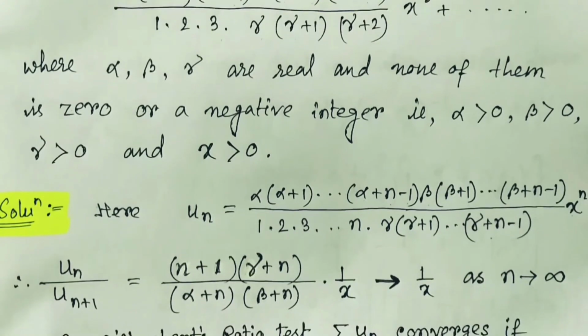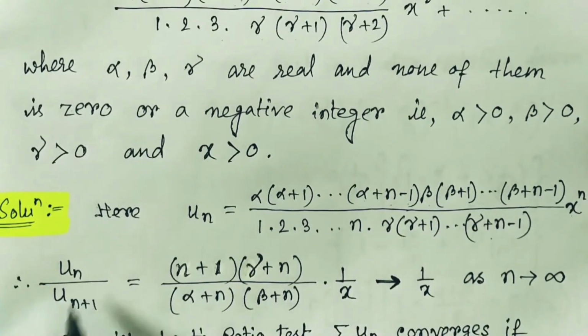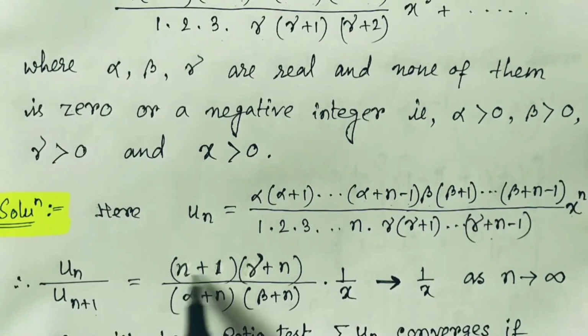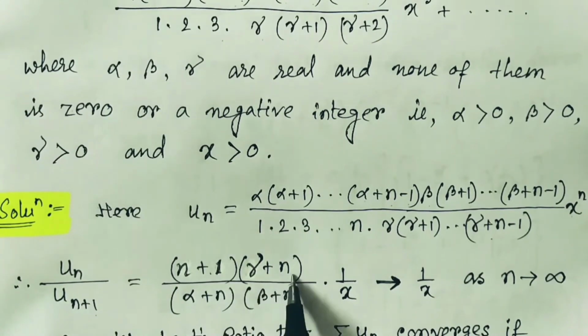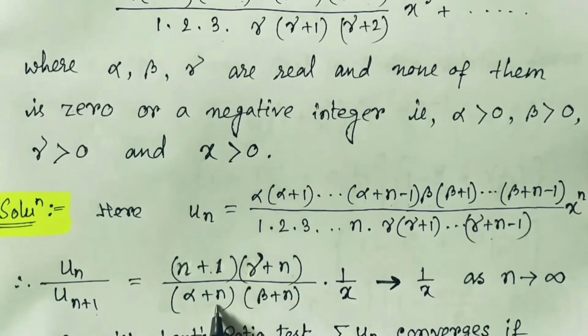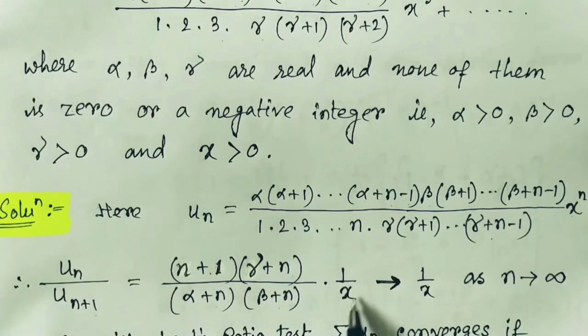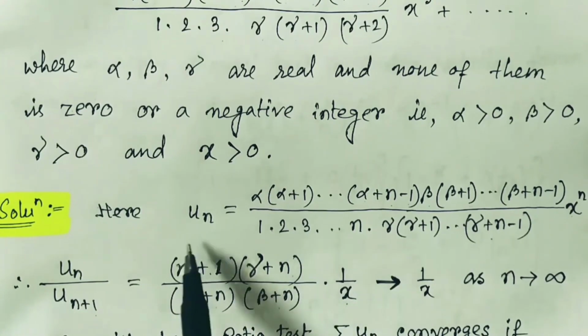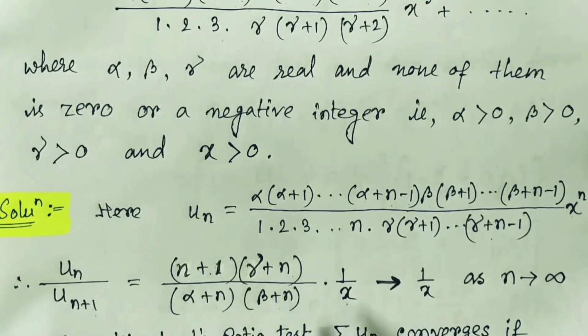Now if we take the ratio, we will find un by un plus 1 is equal to n plus 1 into gamma plus n divided by alpha plus n into beta plus n into 1 upon x. Just calculate un and un plus 1 and take the ratio, and you will find this only. And this tends to 1 upon x as n tends to infinity.